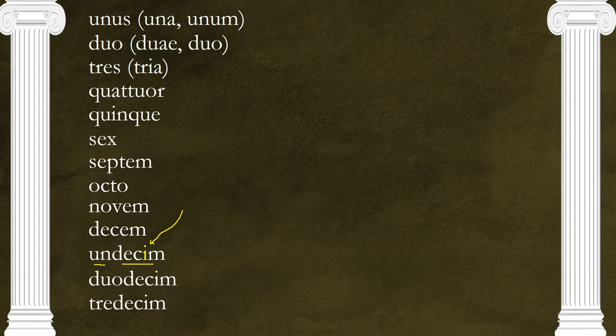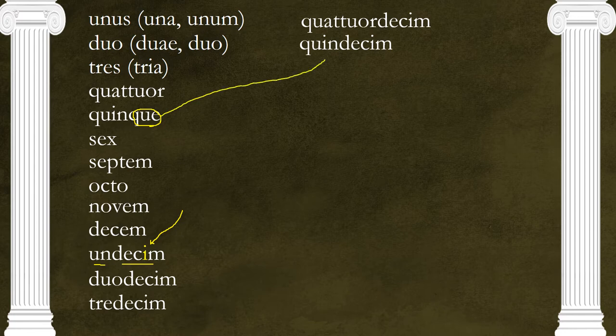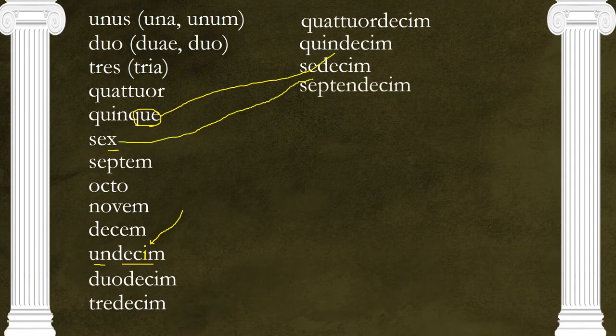Tredecim is 3 and 10, 13. Quattuordecim, quindecim. The que that we had before is now gone. Sedecim, the x is gone. Septendecim, there used to be an M here that has been changed to an N.